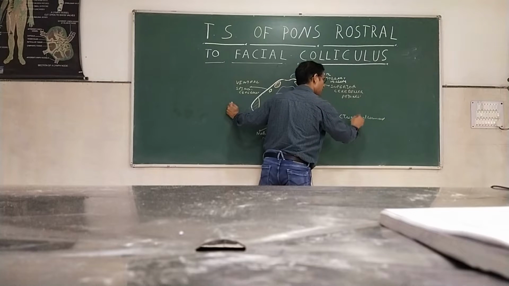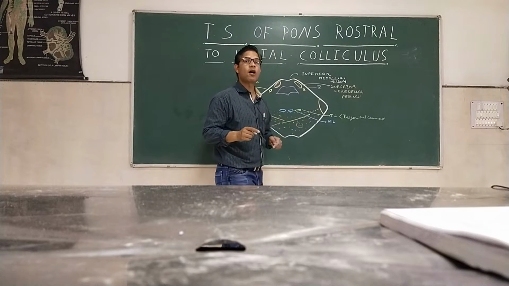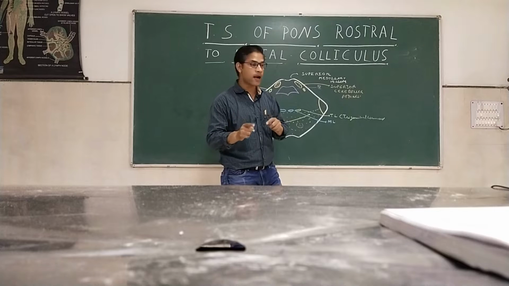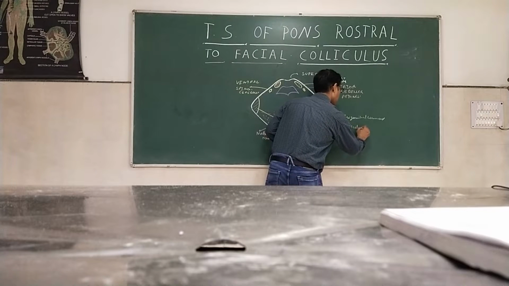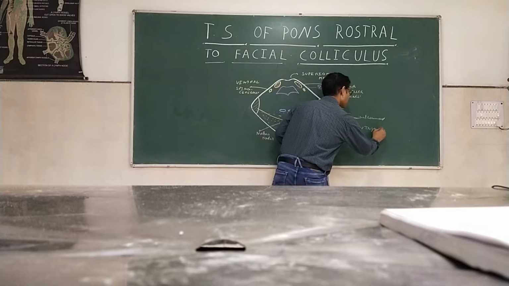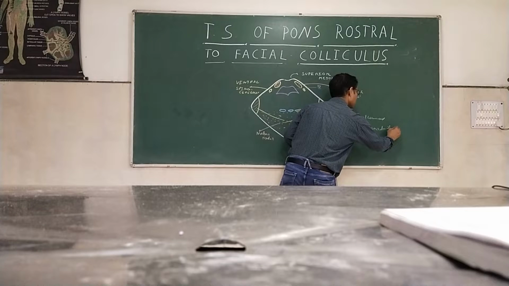I want to clearly mention here, these are the crossed fibers of the trigeminal nuclei, the crossed ventral fibers. So this is known as the ventral trigeminothalamic tract.